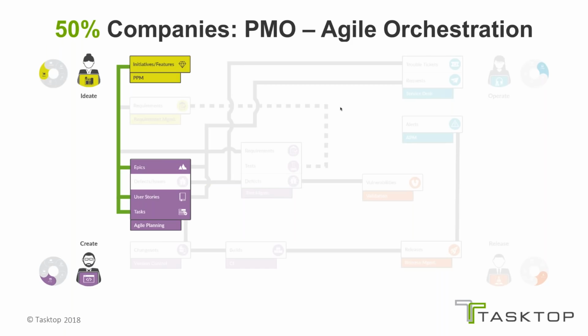This next slide shows a PMO to Agile flow, and 50% of companies had an interest and saw some value in this integration pattern. This involves a PMO, or project management office, which has its own PPM tools such as CAPPM, where they have their high-level portfolio items.